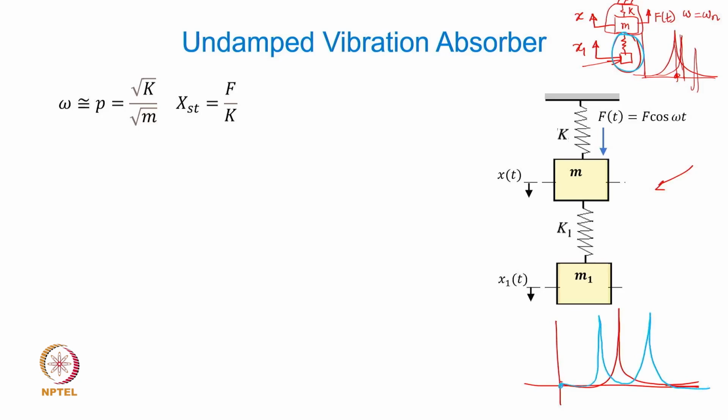So I am replacing one problem with 2 problems, that there are 2 resonances possible because now there are 2 degrees of freedom. However, if my operating speed cannot be changed from here, which means that I have a machinery which operates at a constant speed, which most of the times is the case, right?